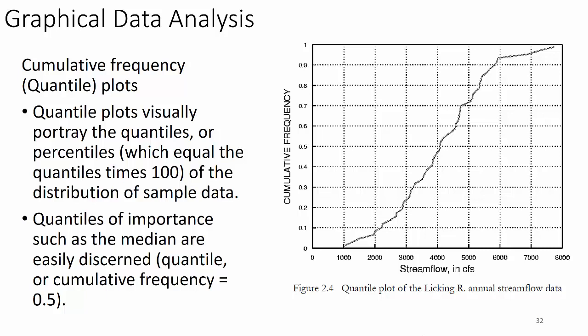Quantiles of importance, such as the median, are easily discernible because you can go to the 50% quantile and boom, you find the median right here. So these are effectively empirical CDFs, cumulative distribution functions. So you fit this to a line and you have a CDF.